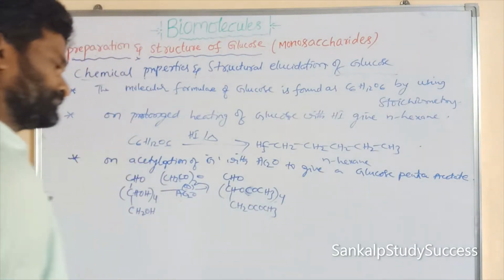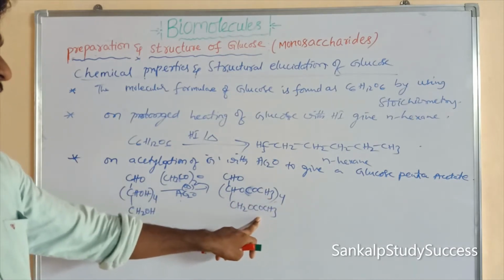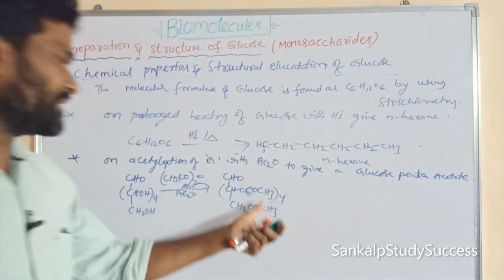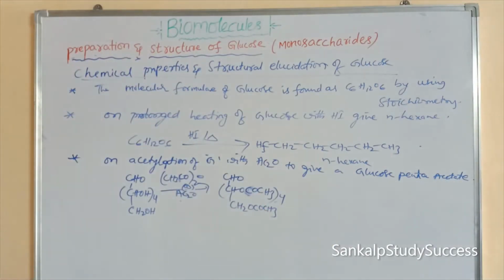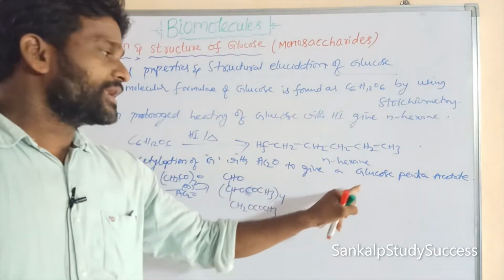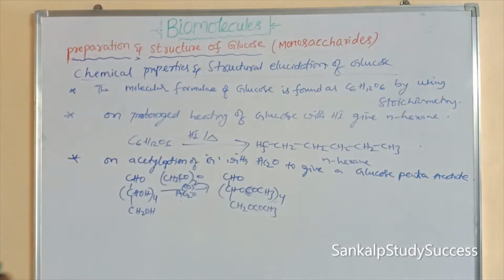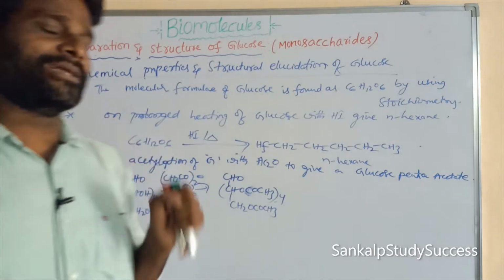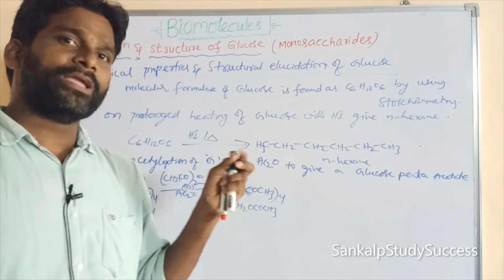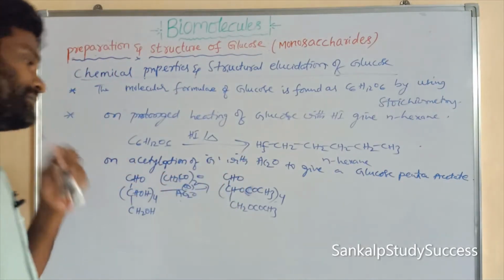So here how many acetyl groups? 4 and this is 1, 5. So this gives a glucose pentaester. This reaction suggests that 5 OH groups are present in glucose at different carbons.